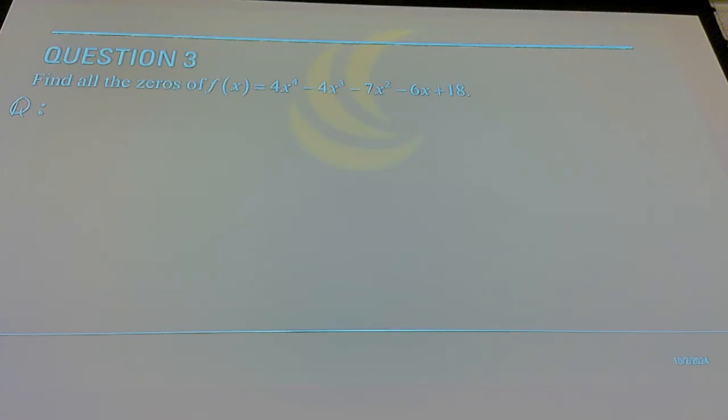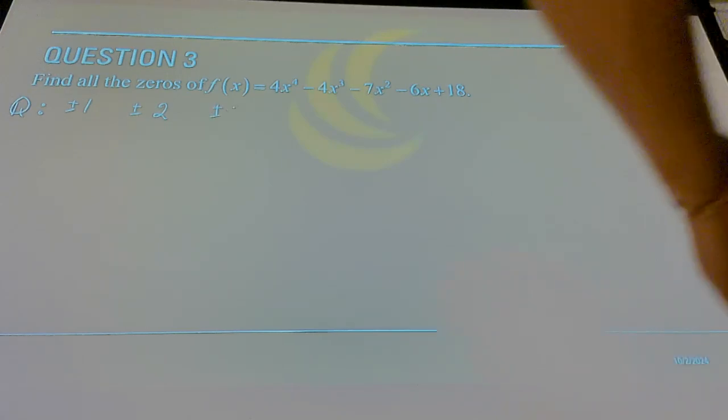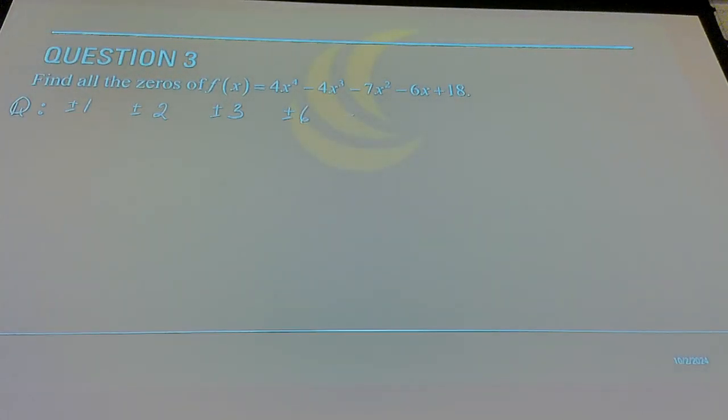Factors of the constant. Factors of the leading.